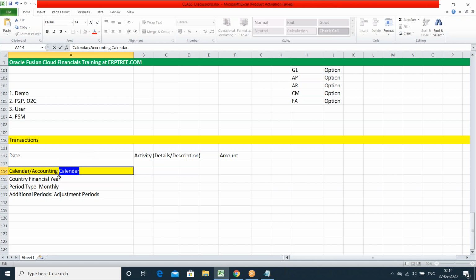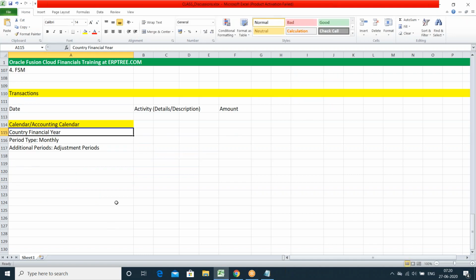With the same date and the same period we can create the accounting entries. Which account the transaction belongs to, which account should get debit, which account should get credit, that also we can manage by using the calendar. That we'll see and understand in the system. For now, the simple point is that the calendar we can call an accounting calendar. So these are the few points which we have to understand.